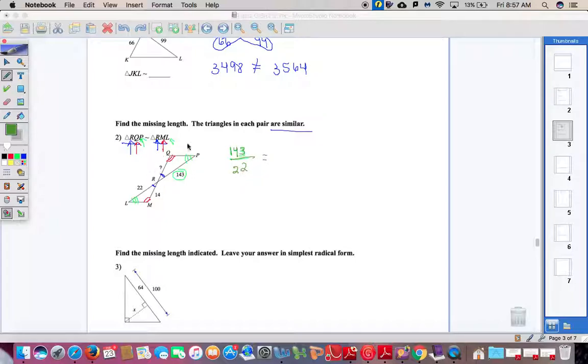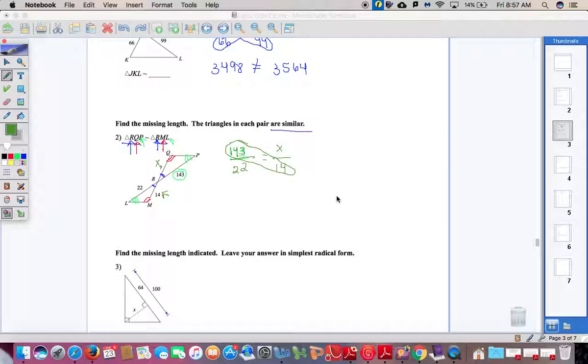Now, in our top triangle, triangle RQP, this side length here, RQ, is our unknown. And down here, it would correspond to RM because we've got one arc and two arcs, and then one arc and two arcs. Now, without drawing in your arcs, it's harder to see what sides go together, or our corresponding sides.